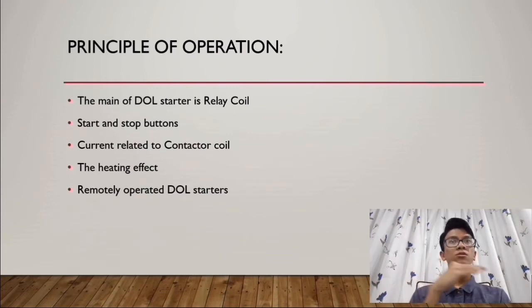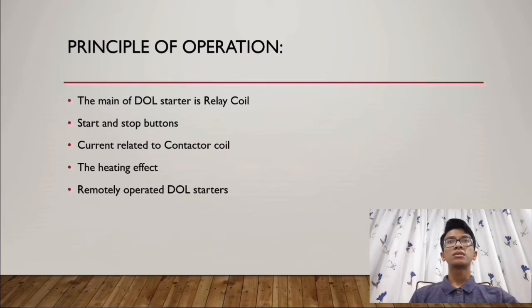Current will flow through one phase to the control circuit, and then through the contactor coil to the opposite phase when the start button is pressed. The contactor coil gets energized thanks to this current, which closes the contacts of the contactor, and the result is that the three-phase supply is connected to the motor.